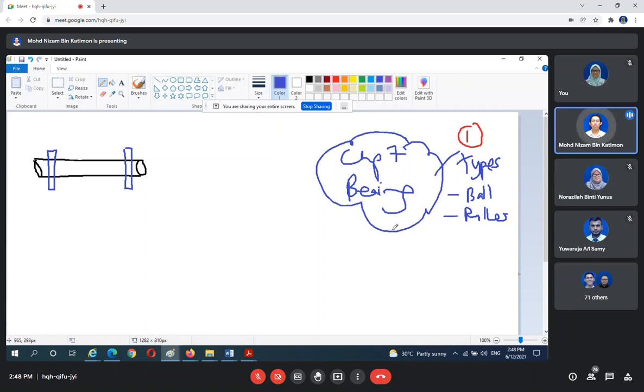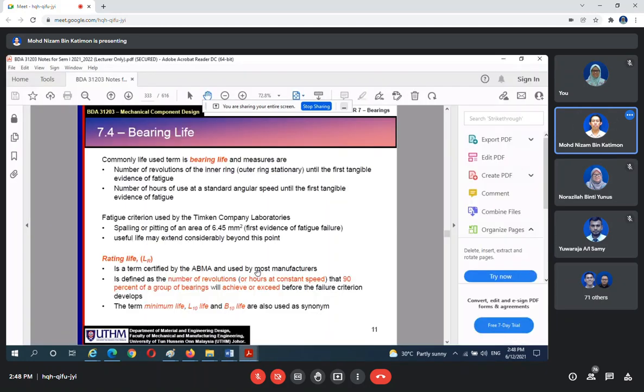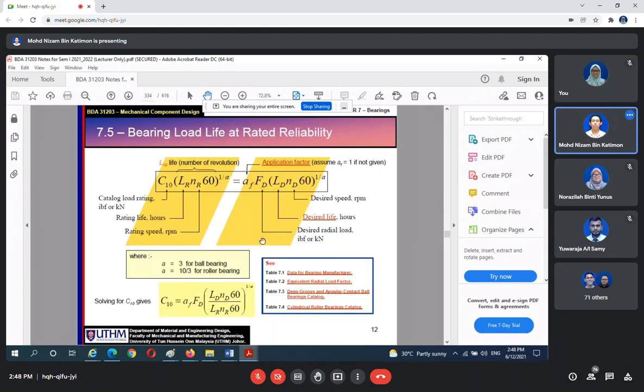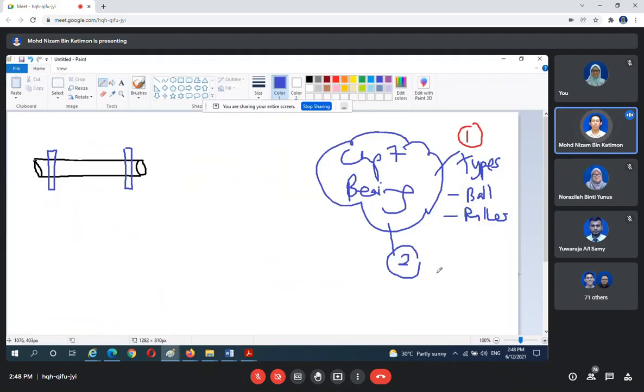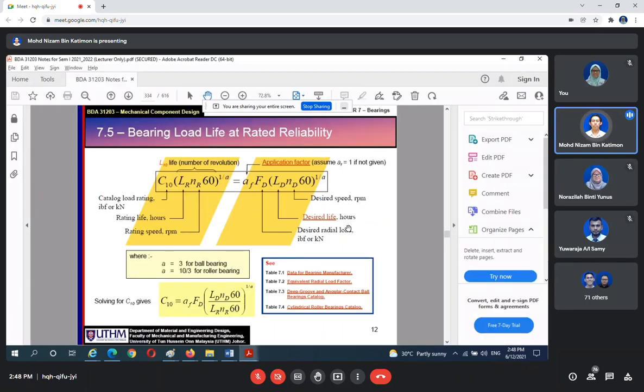Second, I'm going to talk about number 2. It's about the equation related to bearing.